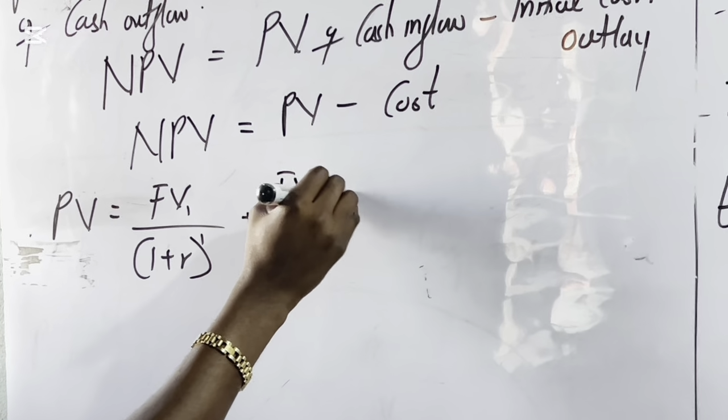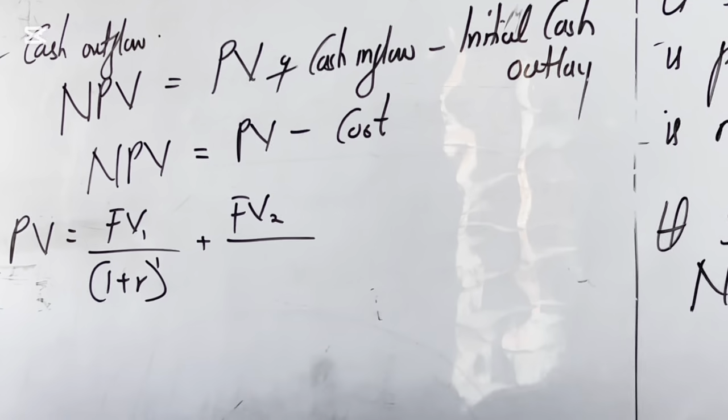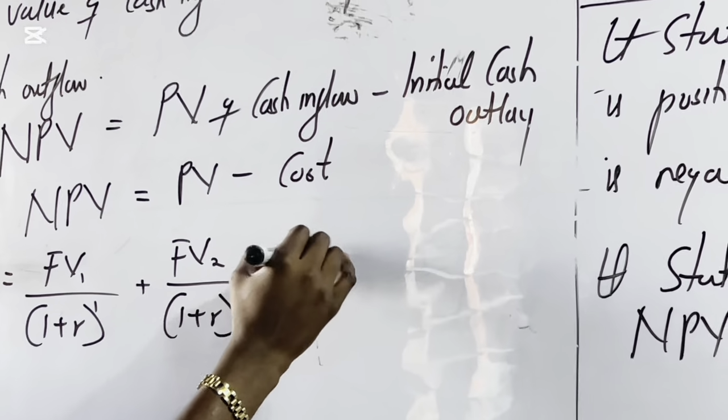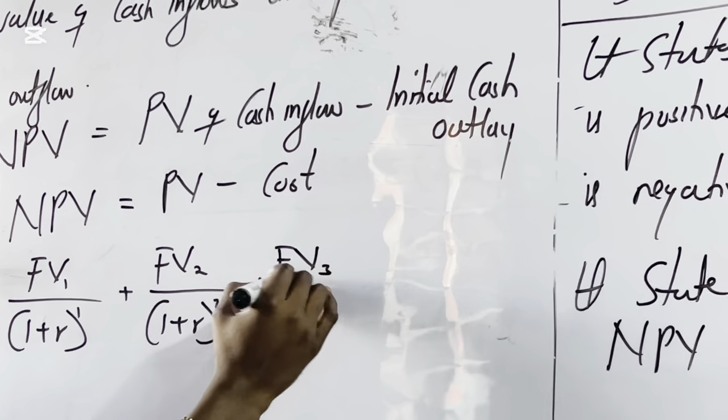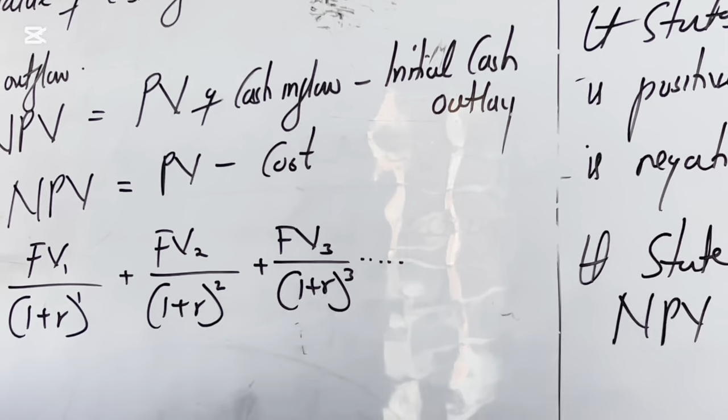Then future value 2, that is the cash inflow for the second period, over 1 plus r raised to the power 2, that is the second period. Then we have future value 3 over 1 plus r raised to the power 3, and so on and so forth.